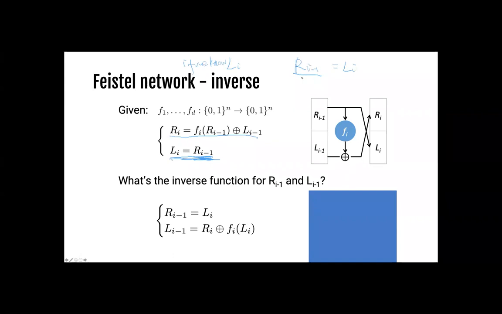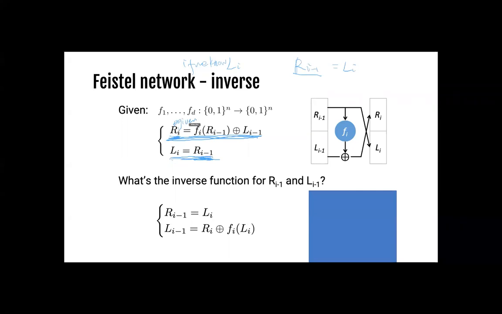And then let's look at this equation. We have that Ri is equal to Fi of Ri minus 1 XOR Li minus 1. The goal for us here is that we know Ri, we're assuming that is given.